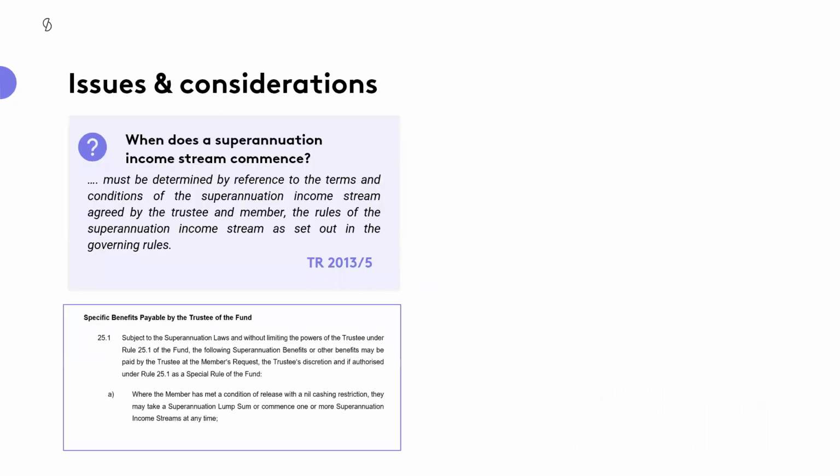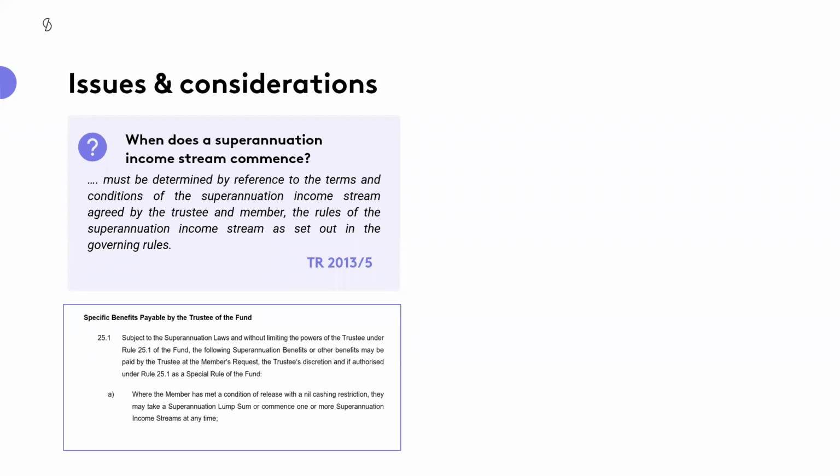Now, if we think about some of these issues and look to what I call our pensions Bible ruling, TR 2013/5, around when a pension commences and when a pension ceases for income tax purposes, the ruling says it must be determined by reference to the terms and conditions of the superannuation income stream that are agreed to by the trustee and the member. The rules of the income stream are set out by virtue of the governing rules.